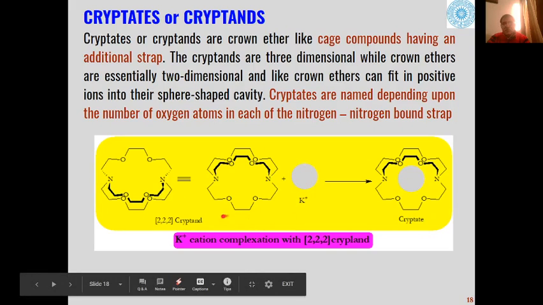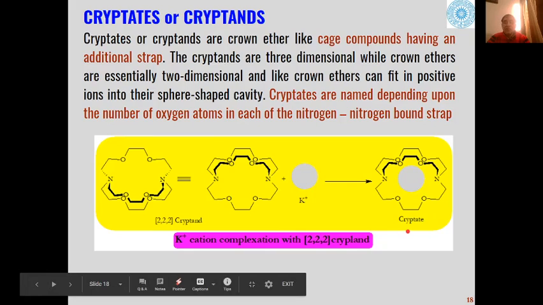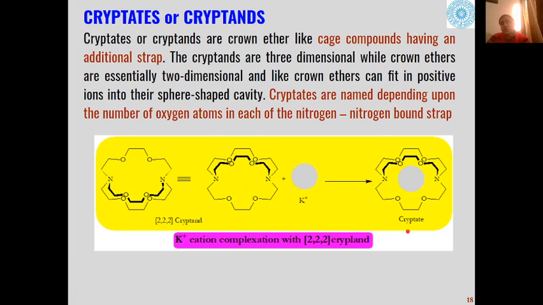For example, in this case this is named 2,2,2-cryptand because there are two oxygens present in each nitrogen-bound strap. This is how they are named cryptates or cryptands.